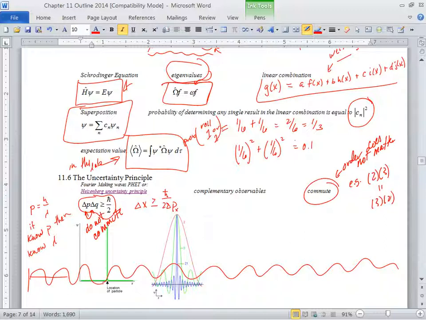Order doesn't matter. That's kind of a weird way to say those guys are observables or operators, but it could be. You're going to multiply by 2, that's your rule. You're going to multiply by 3, but the order doesn't matter. So they commute. These guys don't commute.